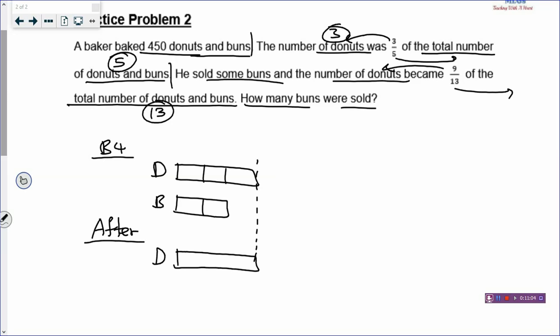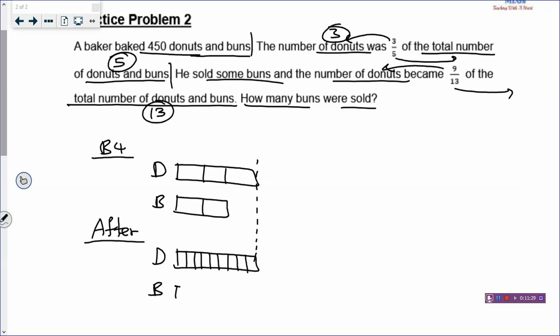Okay, so which means that I have to cut the donuts into 9 boxes. So you have 1, 2, 3, 4, 5, 6, 7, 8, 9 boxes, and the buns became 4 boxes. Okay, why 4? Because you take the total, which is 13 minus 9, right, and you get 4. So the buns have 4 boxes.